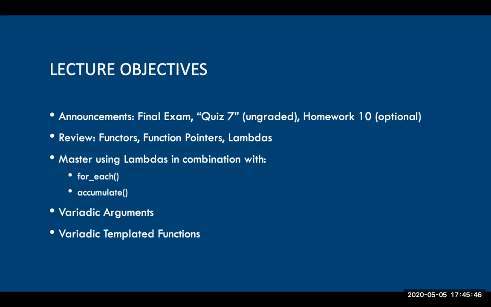And then variadic templated functions, which is very crazy stuff, but very, very powerful. Both of these approaches would let you have a variable number of arguments in your function, something that C isn't super straightforward in dealing with, like some other languages are, predominantly because it's a compiled language.